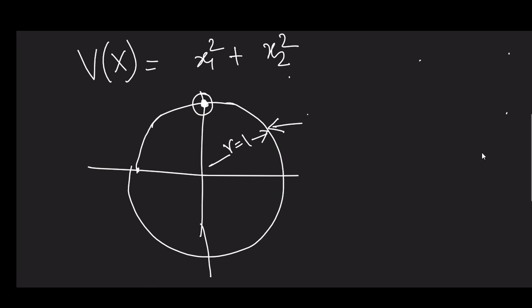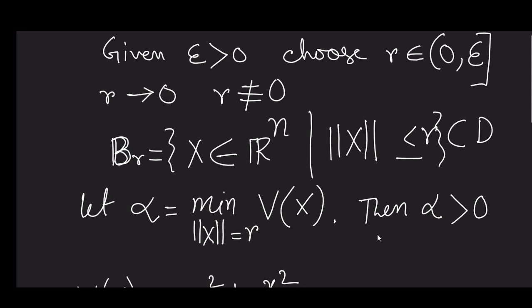But that doesn't invalidate the previous statement, alpha is equal to the minimum of Vx. If it is constant, then also it will have a minimum value, which will be the same as its maximum value. That's a different story. We are interested in the minimum value.